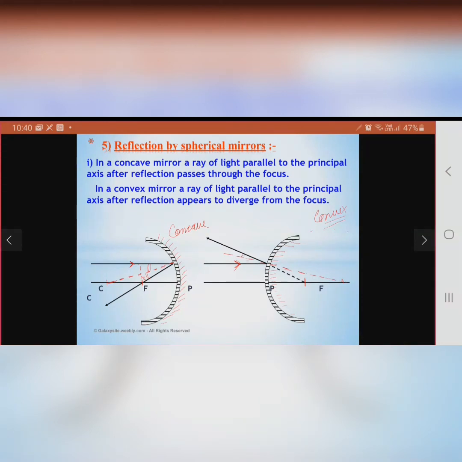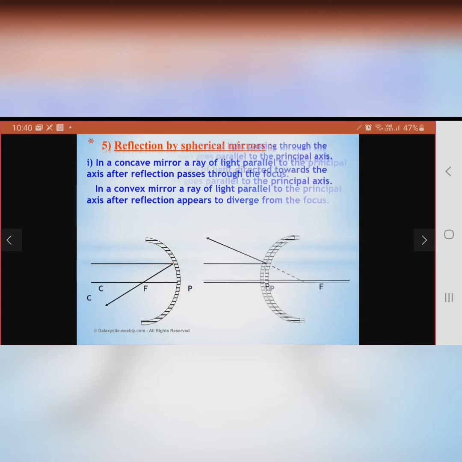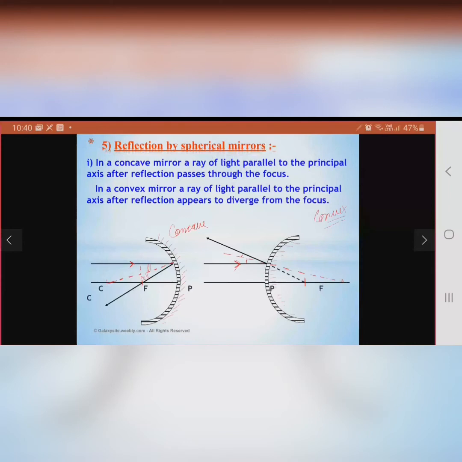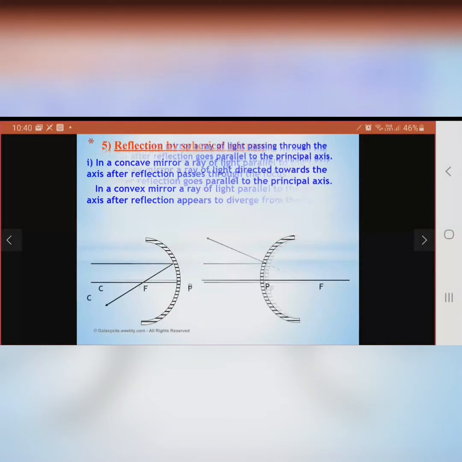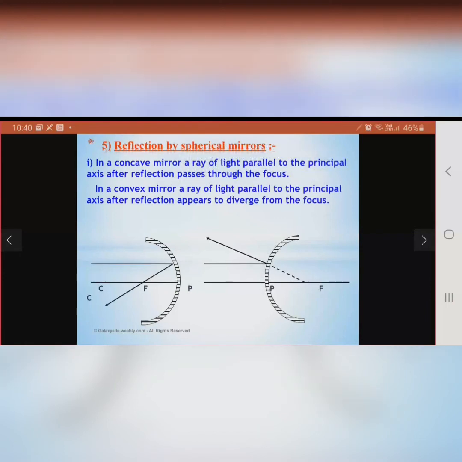So for our purpose, you can simply remember that any ray which is parallel to principal axis, after reflection from the mirror, will pass through focus. And for convex mirror, any ray which is parallel to principal axis will diverge in such a manner that when extended backward, it will seem to be coming from the focus.